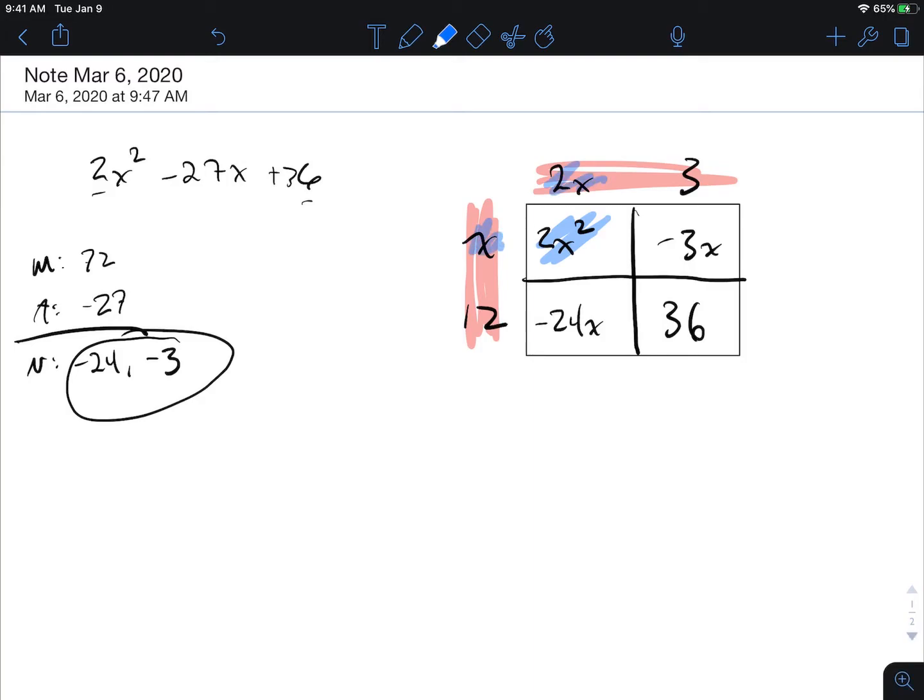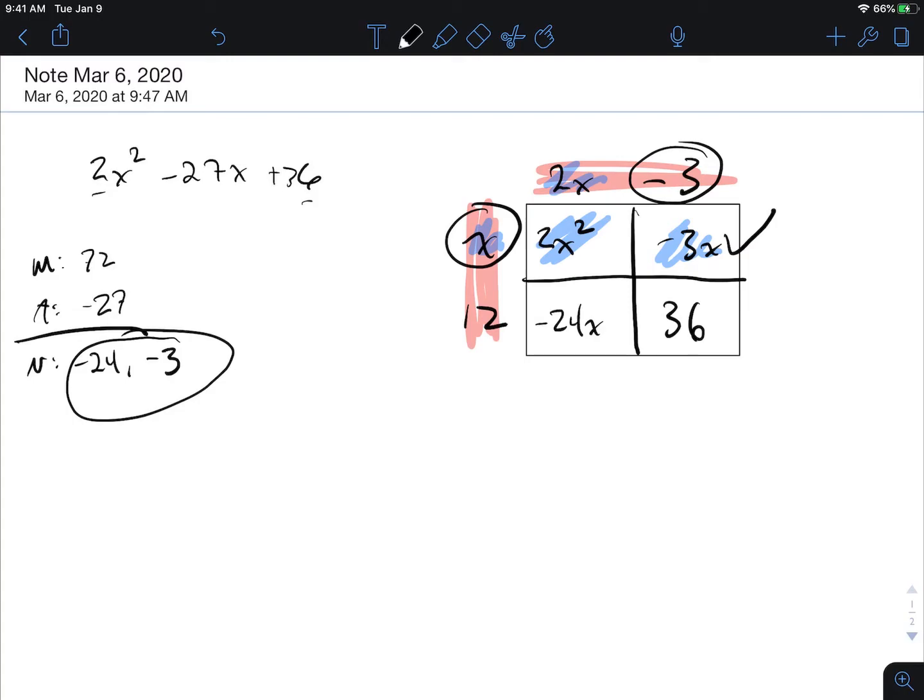So that one's fine because the sign checks out, right? The next one here, I need negative 3x. Well, how do I get negative 3x? I'm not going to make the negative or the x negative, but I can make the 3 negative, right? Negative 3 multiplied by x gives me the negative 3x, right?